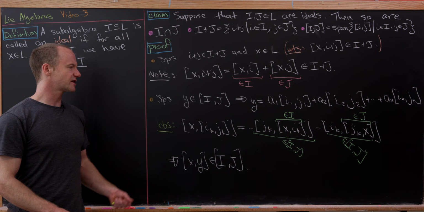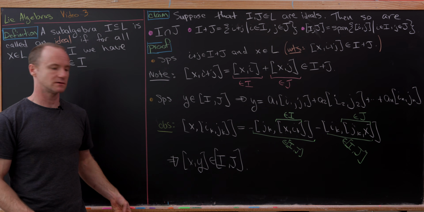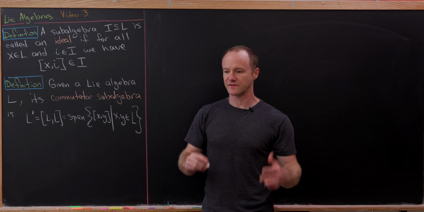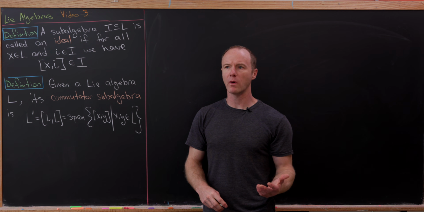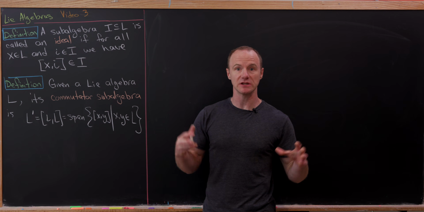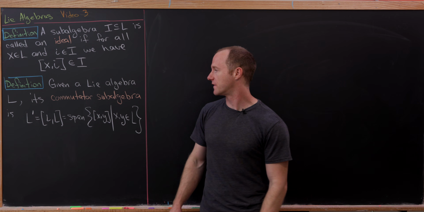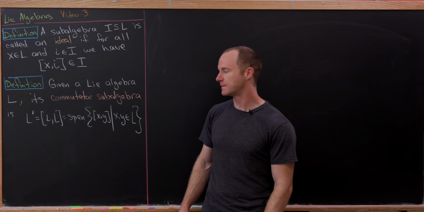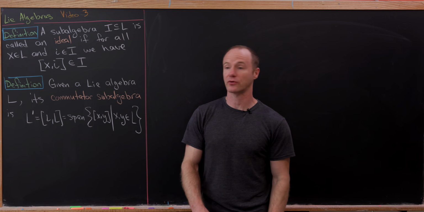Okay, so now let's look at a special case of this third type of ideal. Now we know about the process of bracketing two ideals. It's logical to ask, what if you were to bracket the whole Lie algebra with itself? In that case, you get something called the commutator subalgebra. The notation is L prime.